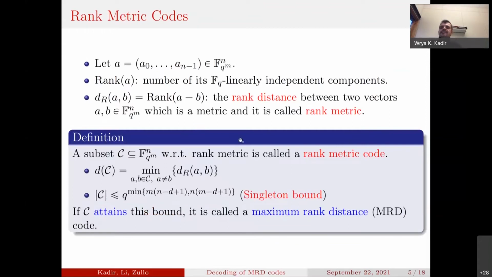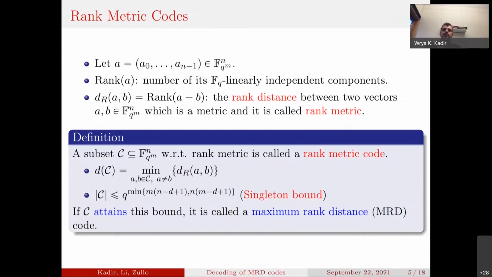Let A be a vector of length n over F_{q^m}, and by rank of A, we mean the number of linearly independent components of A over F_q, and the rank distance of two vectors is the rank of their difference, and this distance defines a metric which we call the rank metric. Based on this rank metric we can define a code.